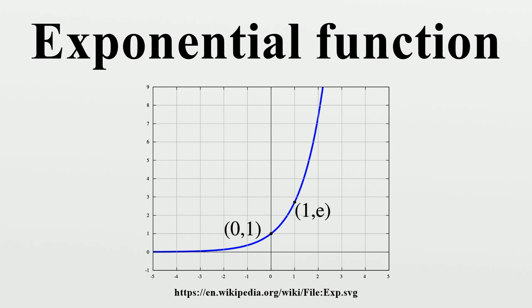Double exponential function. The term double exponential function can have two meanings. A function with two exponential terms, each with a different exponent, such as in e^3x minus e^4x minus 2. Or a function f(x) equals a^(a^x). This grows even faster than an exponential function.